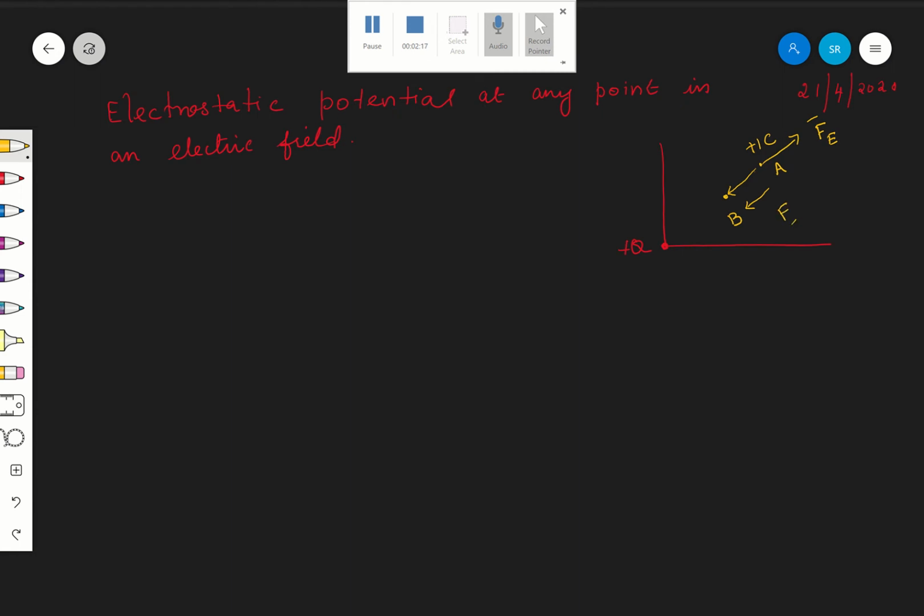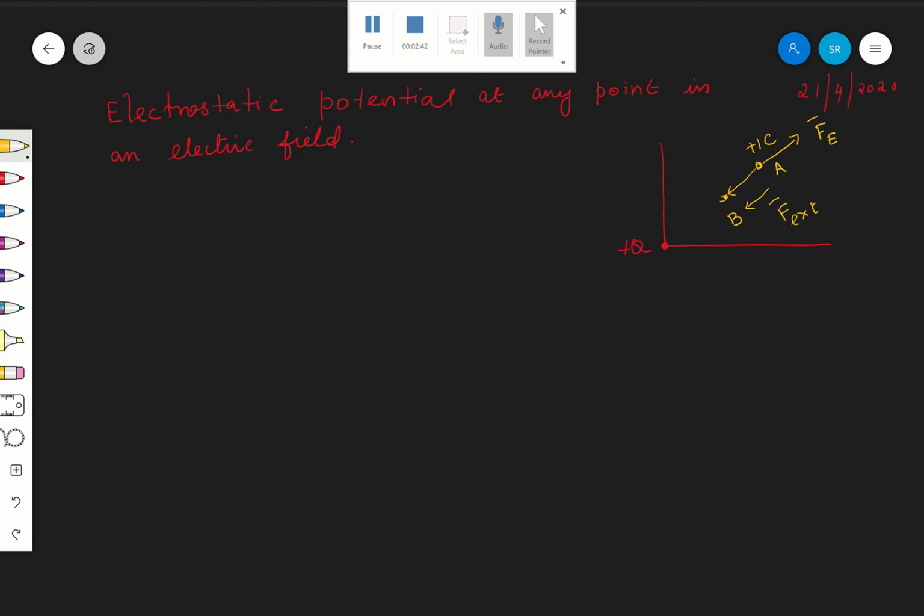Therefore, I need to apply an external force that counterbalances Fe, so that when I am bringing the charge from A to B, there should not be any acceleration. Here, what we are bringing is a unit positive charge. That's all.